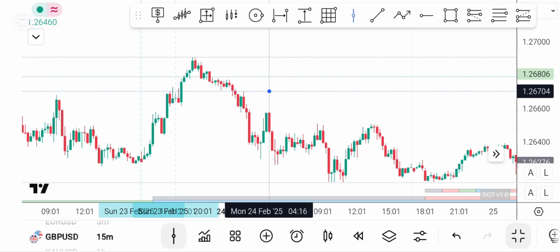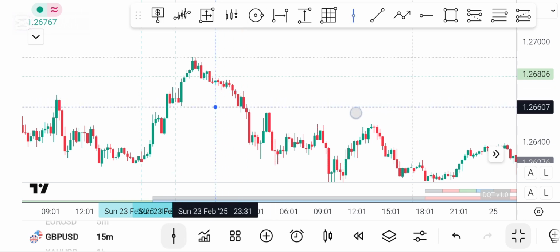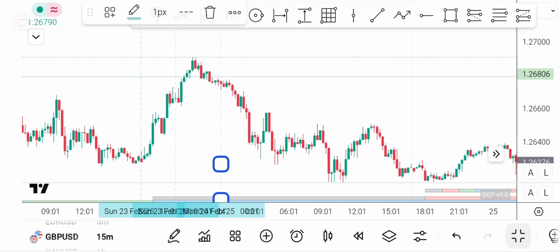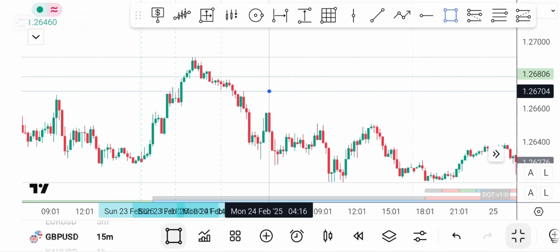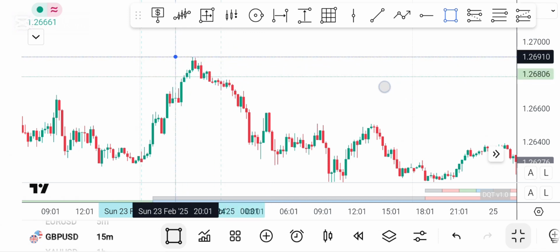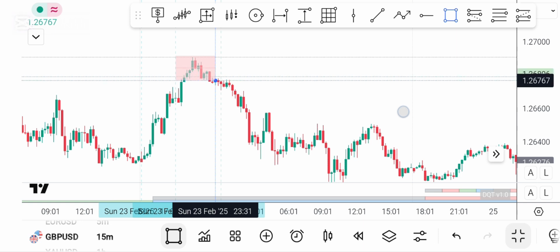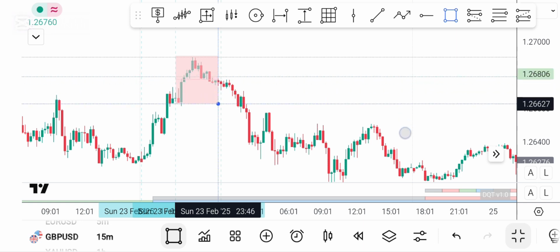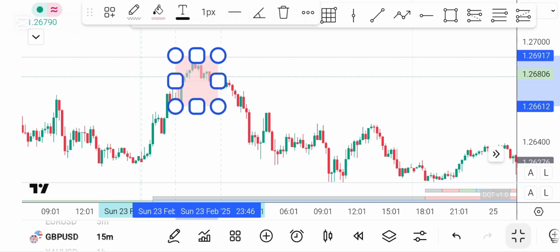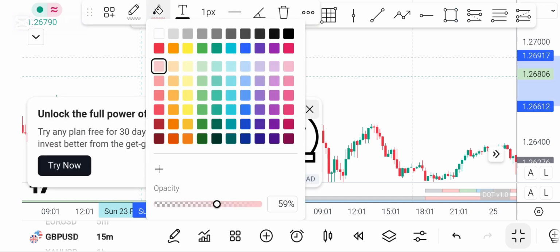You simply have to put your vertical line at 8 p.m. to midnight New York time. This is it here, and then you are going to mark the high and the low that was formed during that session to have your Asian range, like so.